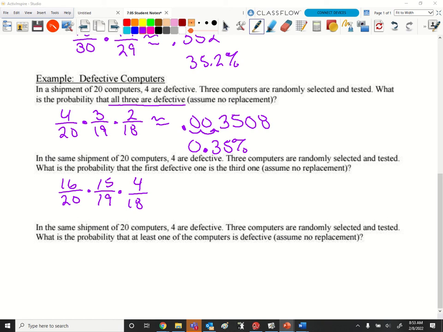Ready? I got 14. 0.140. Okay, that's good. So that's fine. And so as a percentage, that would be 14.0%.